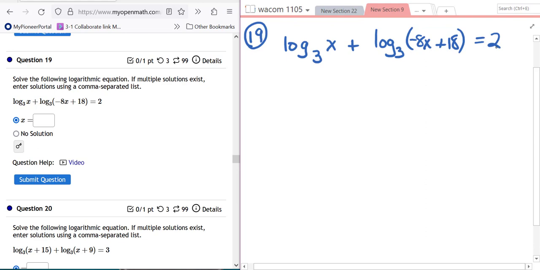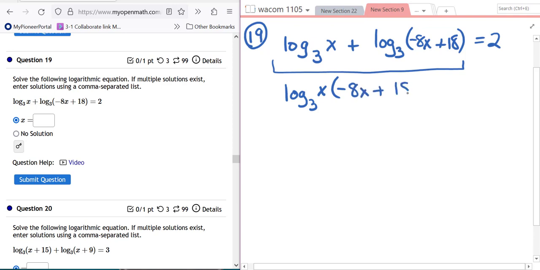So remember on your properties from last time, the log of a product is equal to the sum of the logs. So we have a sum of the logs. So to condense this, we have to write it back as a product. So writing log one time of x times negative 8x plus 18.